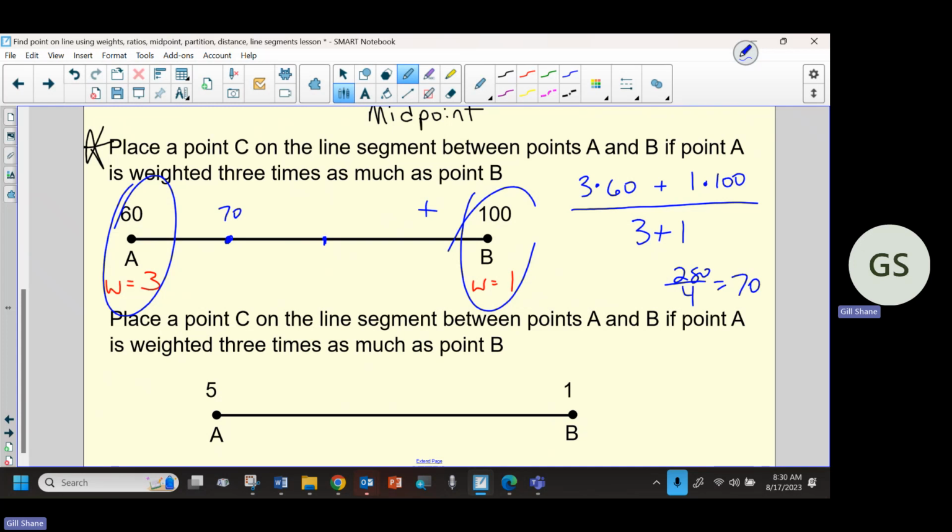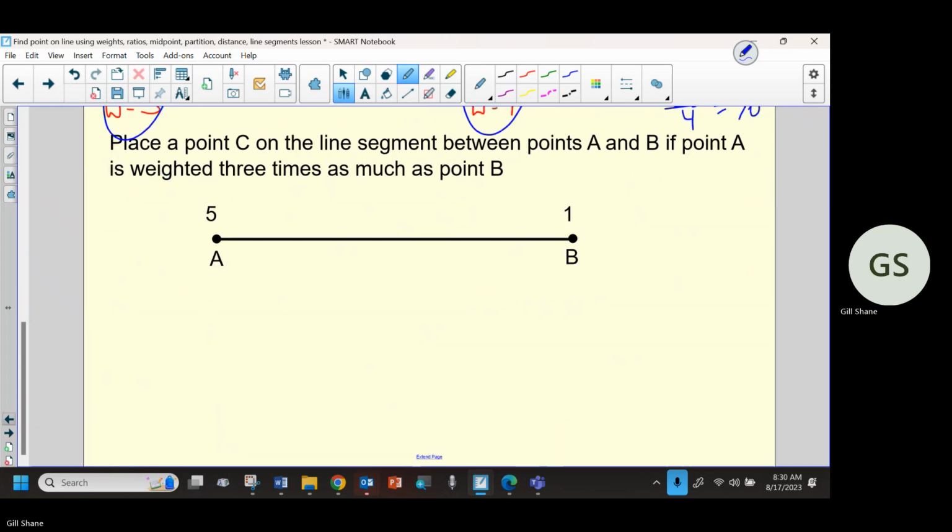All right, do another one. There you go. One more practice and then I'll turn it over to you and you can start working in your book. I did 3 times as much as him. I'm going to change that. Tell you what, change it. I don't want 3 times as much.